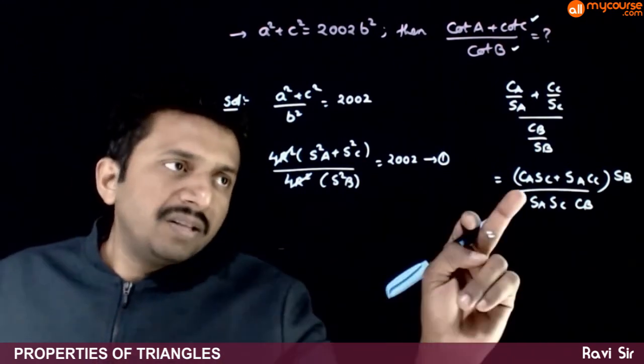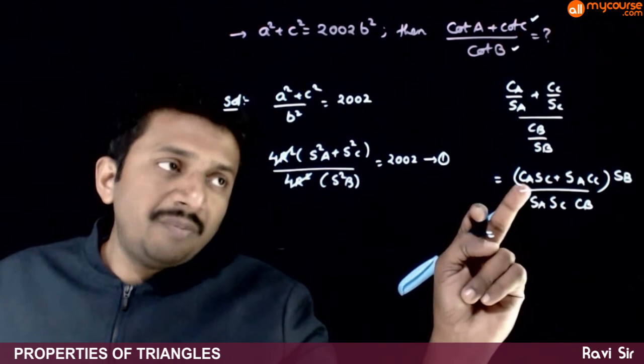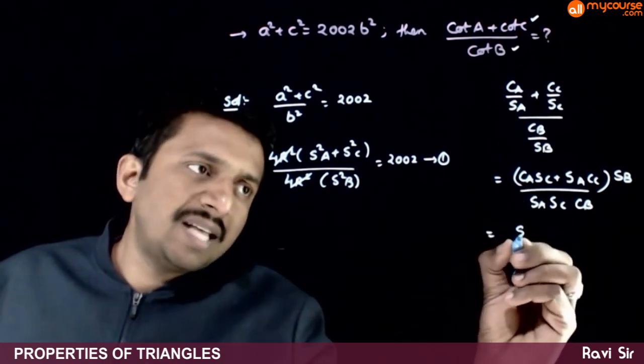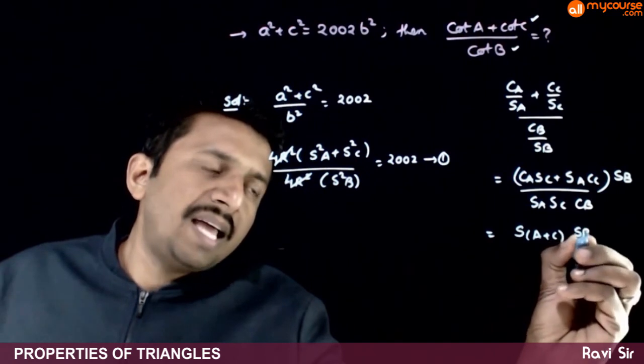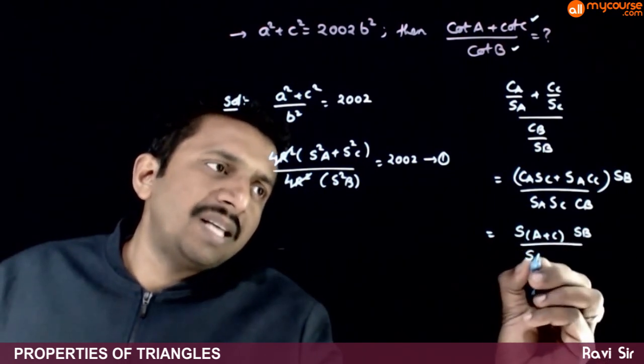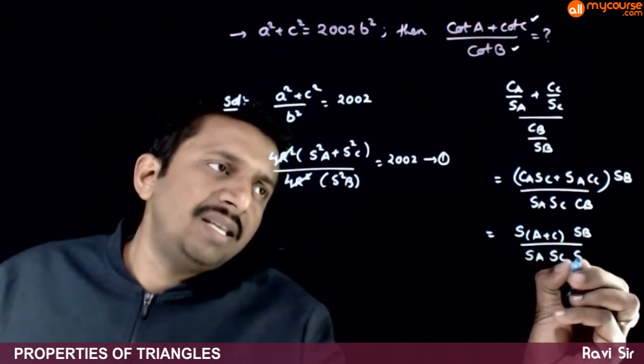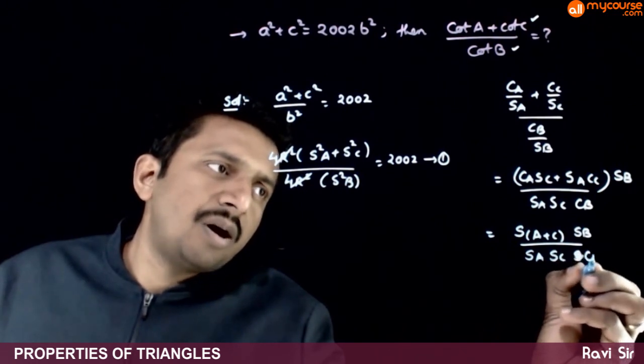That is equal to, so this is sine A cos C plus cos A sine C, this is sine of (A plus C), times sine B by sine A into sine C times cos B.